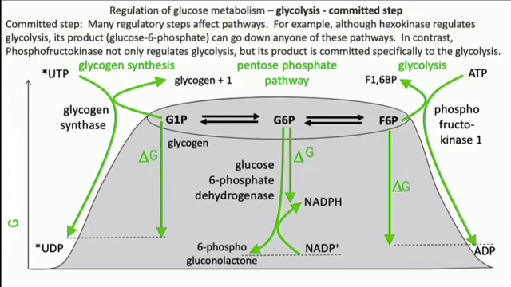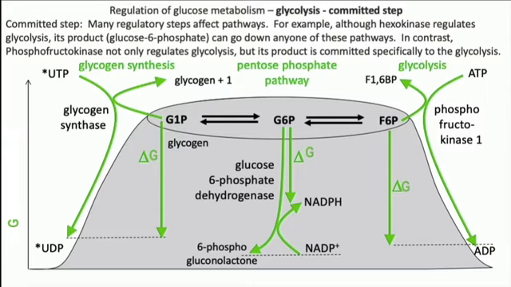Accordingly, hexokinase does regulate glycolysis because if hexokinase increases the amount of the substrate fructose 6-phosphate, that'll increase the rate of glycolysis, and if hexokinase produces less of the substrate fructose 6-phosphate, that will decrease the rate of glycolysis.